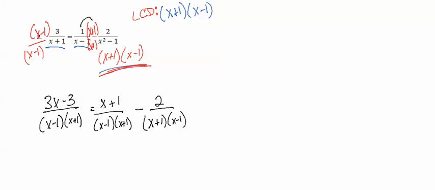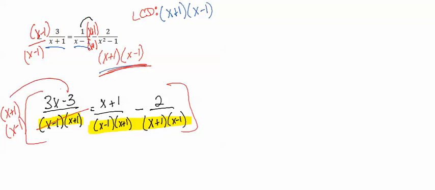And again, like we saw in the previous, those are all the same. So if I multiply the entire equation by the LCD, it's going to cancel out here. When I distribute, it'll cancel out here, and finally there.